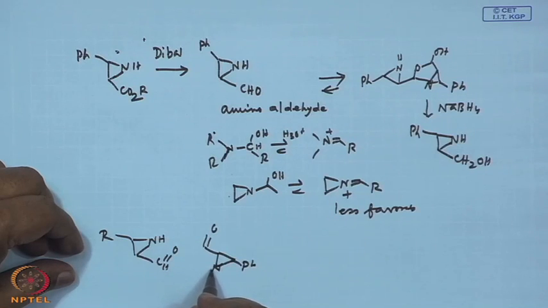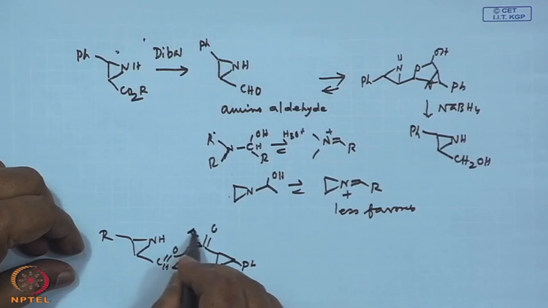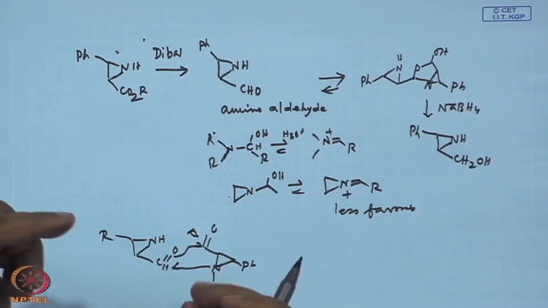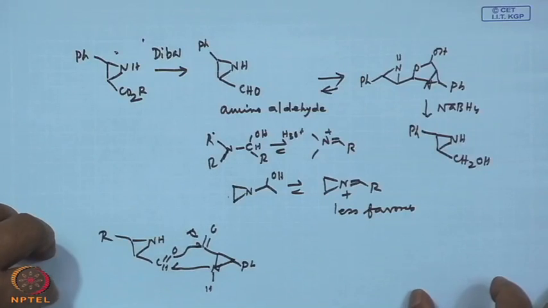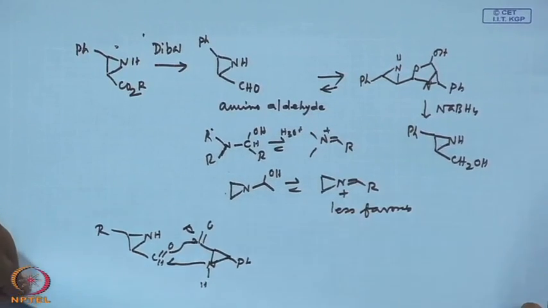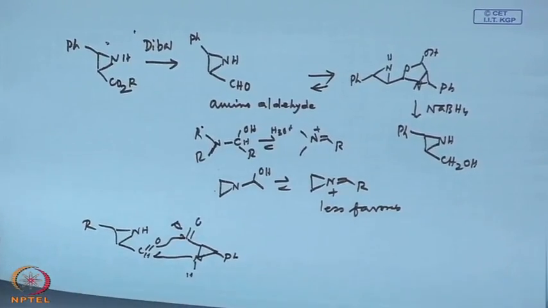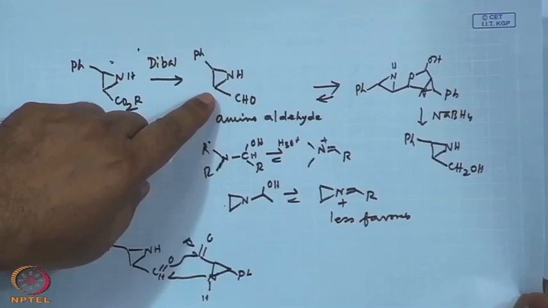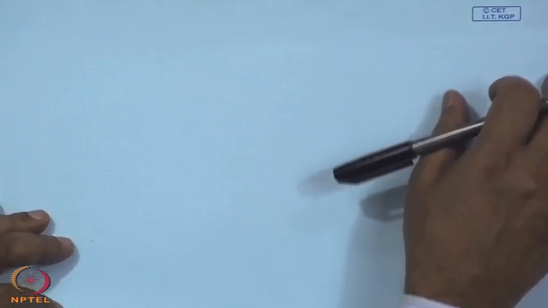So, this goes to this one and this goes to this. The first is intermolecular, then the second is intramolecular. Basically it is dimerization, which means that this is supposed to be stable, but it is not stable, though they can be in equilibrium, unlike the other example. So, what it says is that the ring strain has induced a little stability to this aziridine aldehyde, which means it can be made use of in some other ring transformations.